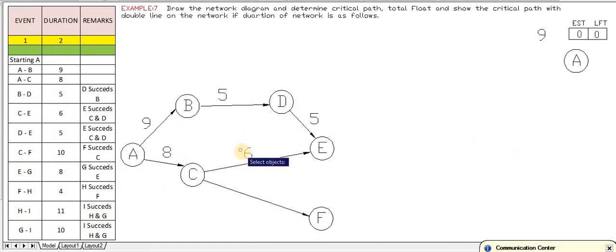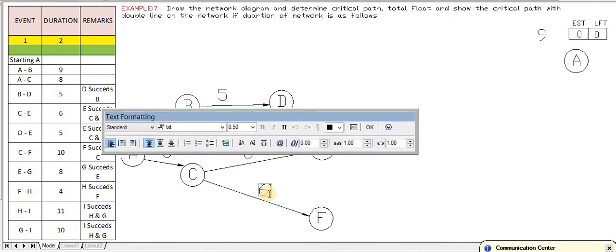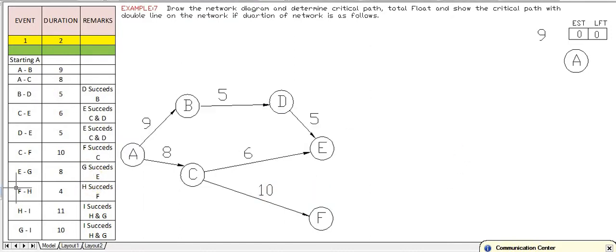The duration is 10. So again we will copy this and edit this for 10. Okay, so C to F we have calculated.